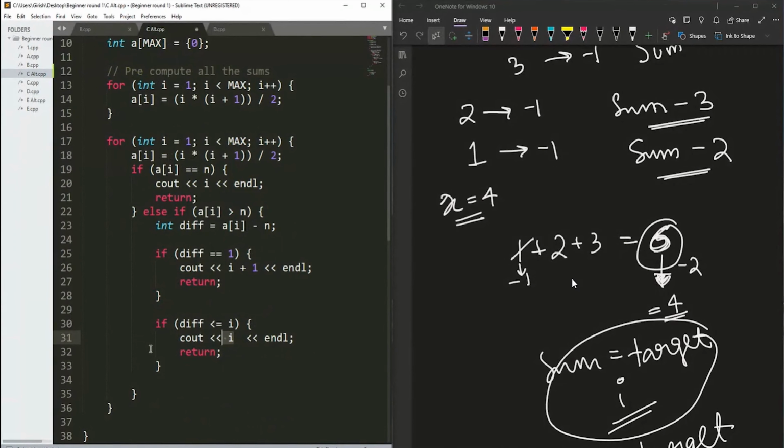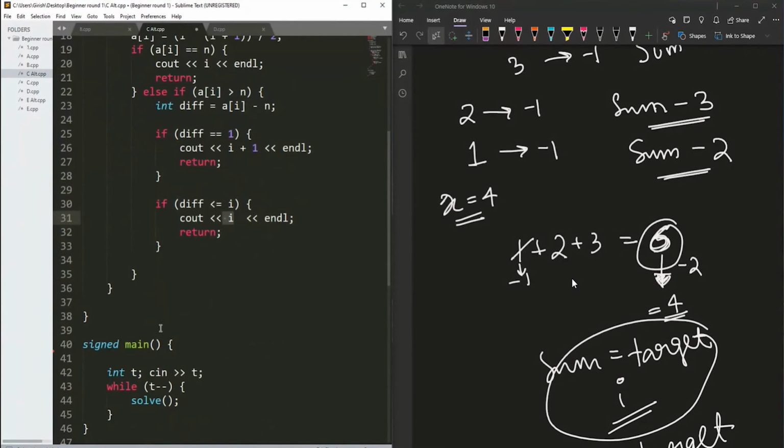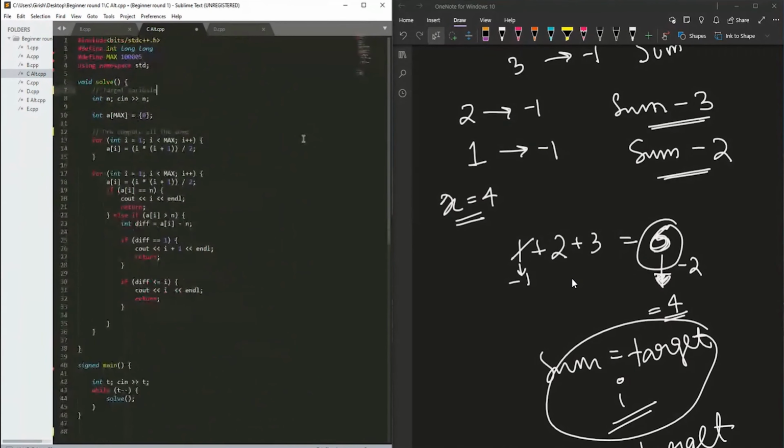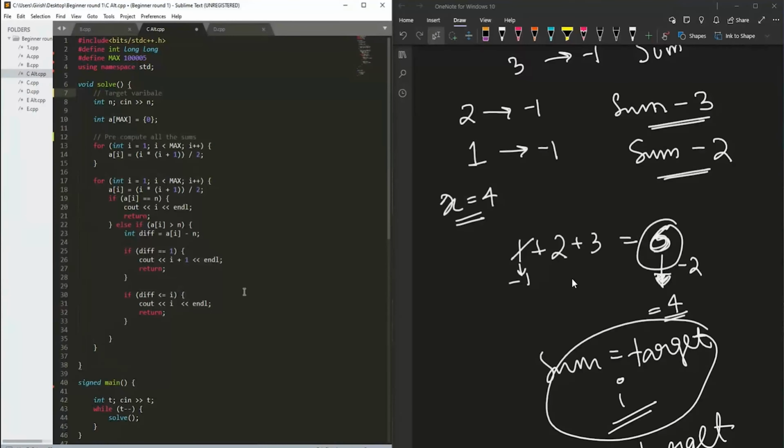If anyone is having any doubt, you can just simply unmute yourself and ask the doubt, or even write in the chat box. You can continue, Girish. I think there is no more doubt. Okay. I shall move on with problem D.